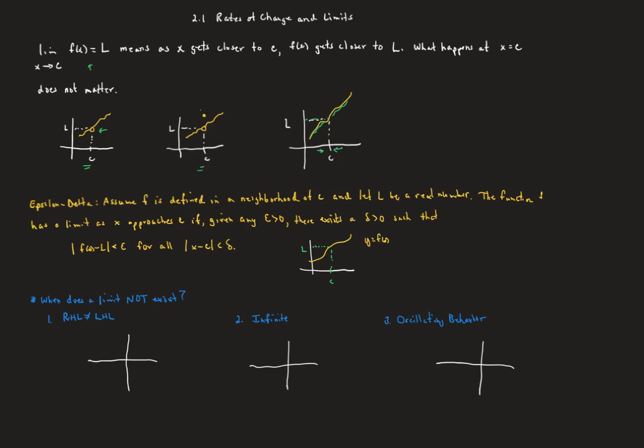So it goes something like this: you come up with whatever you want for epsilon, and epsilon would be that distance from the limit point.